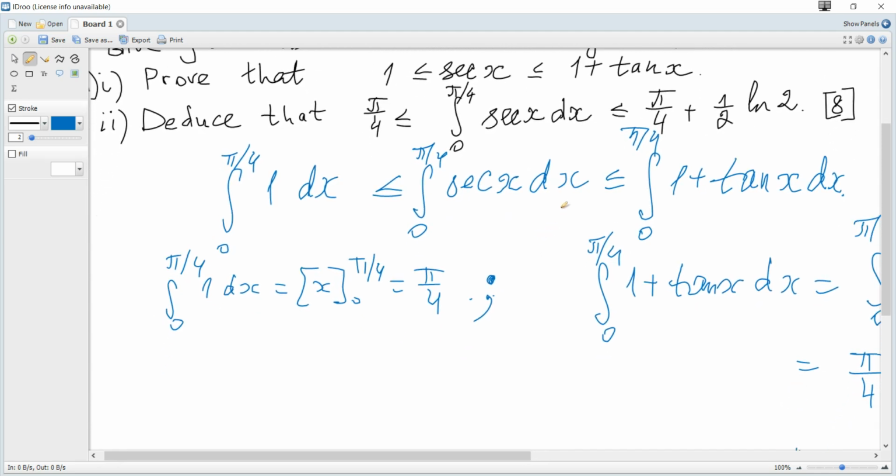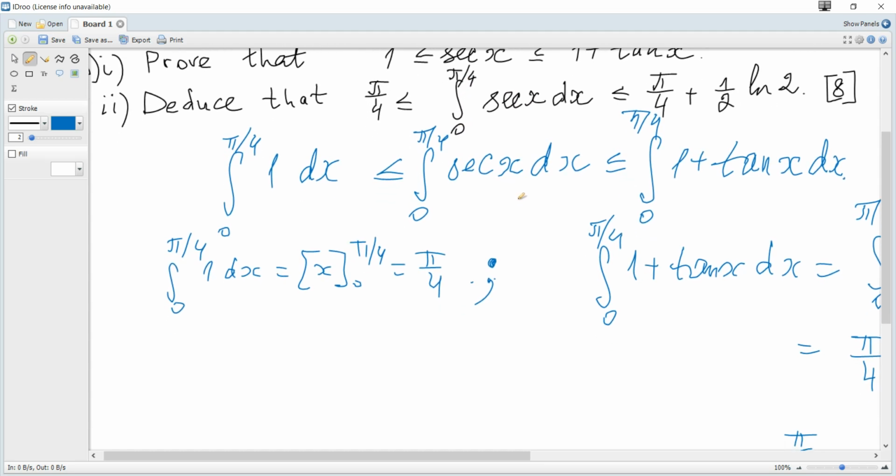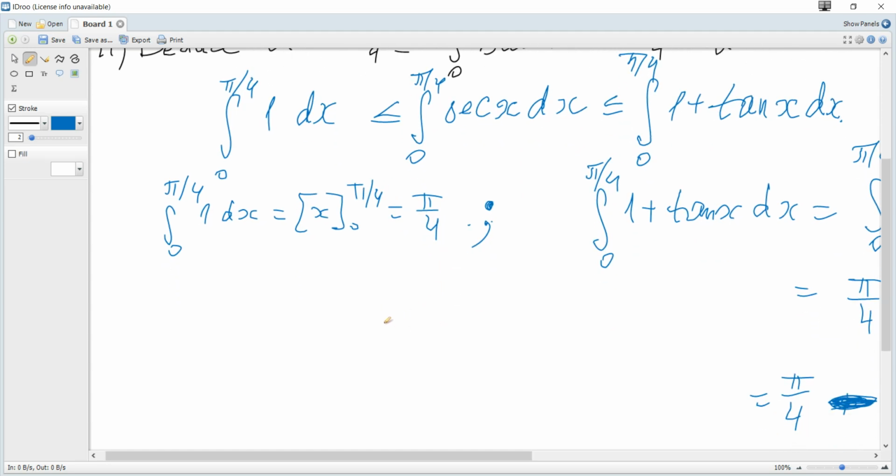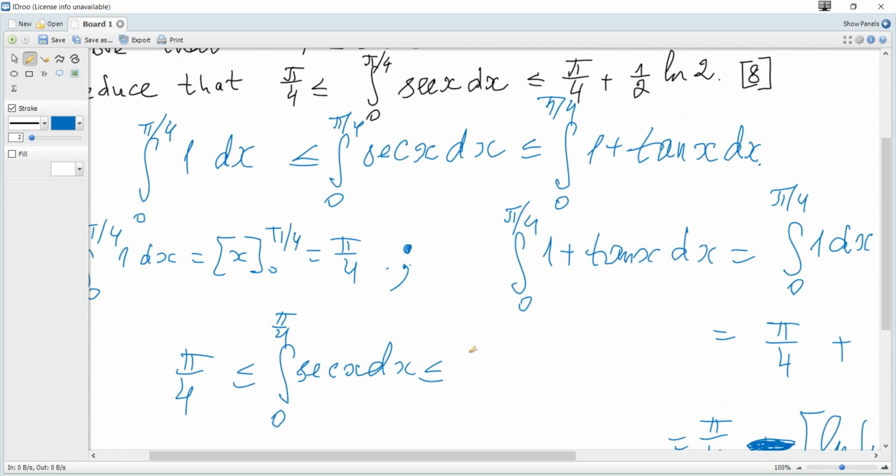So hence you may rewrite that the integral from 0 to pi over 4 of secant of x dx is greater or equal than pi over 4 and less or equal than pi over 4 plus a half times ln of 2, as required.